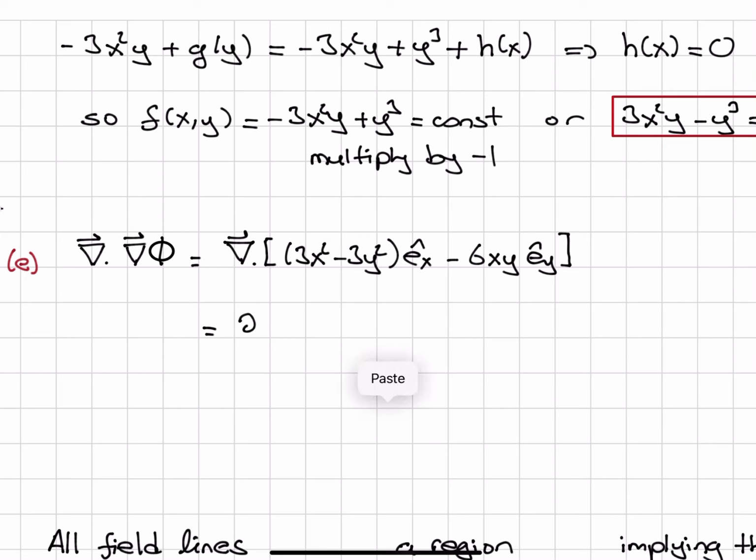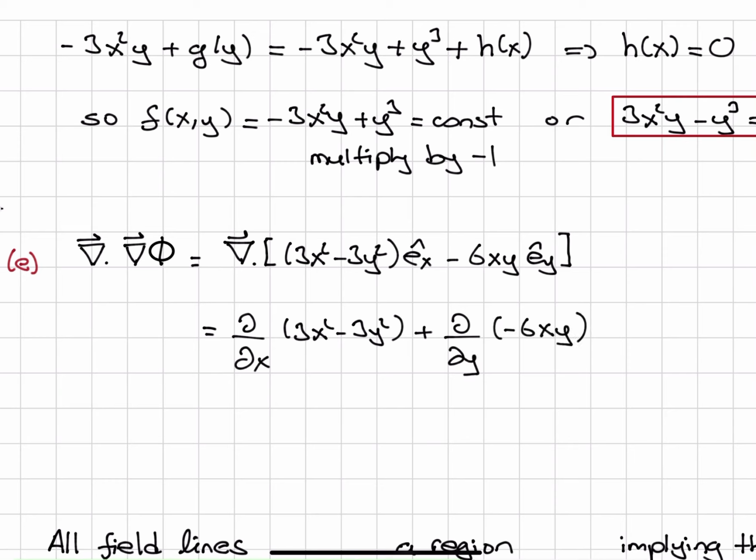So we take a derivative with respect to x of 3x squared minus 3y squared. And then we take a derivative with respect to y of minus 6xy.